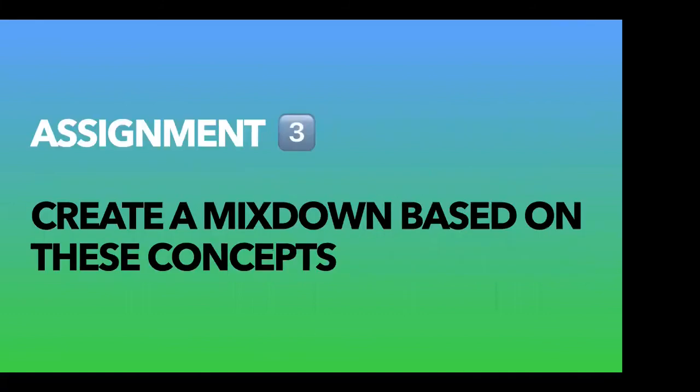So what I would ask you again, this is the final assignment that you can do based on what you learned today, is create a mixdown based on these concepts. And you can either use the stems that you have in the project that I uploaded for you, or maybe you have your own project already that you work on. Try to keep that in mind and follow these directions where you say, okay, I'm going to really make a transparent mix that allows me to listen to all the sounds.